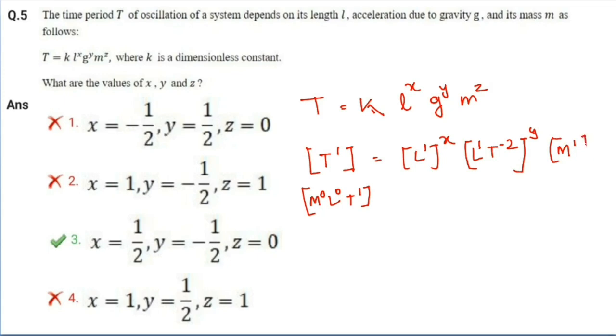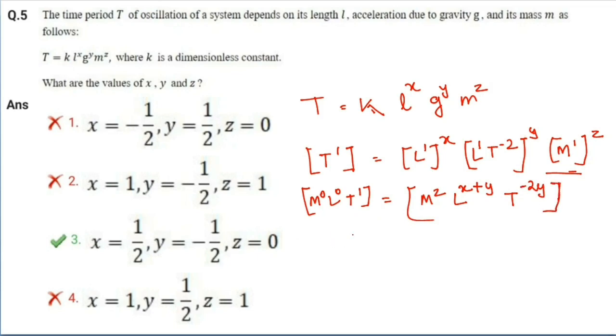Then m is mass, M^1 to the power z. Now equate this: M to the power 1 into z, and there is no other M, then L to the power 1 into x, and here L to the power 1 into y. So we can write x plus y. Then for T, only minus 2 into y, that is minus 2y.